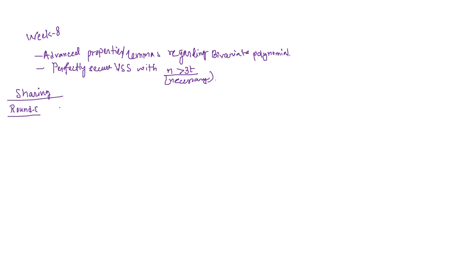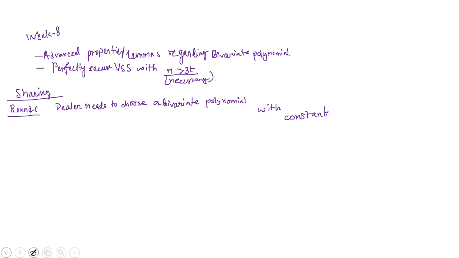Here the dealer D needs to choose a bivariate polynomial with the secret S as the constant.